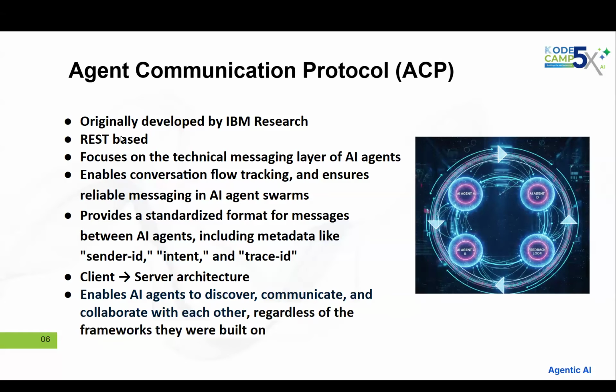So things like when a message sent from one agent to another fails, there's an error in message delivery. Well, how is that handled? ACP provides mechanisms for handling such scenarios. It standardizes the messaging format between agents, and includes metadata like the intent and a Trace ID.